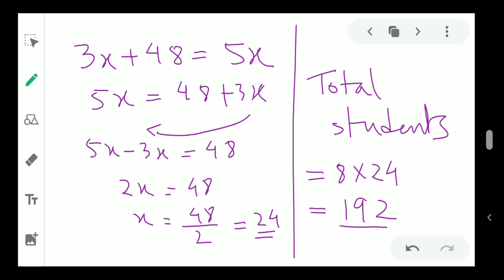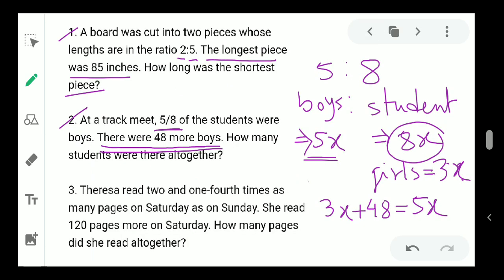Okay, so this is the question. Now see what I have done. I have taken this as a ratio, that is 5:8, and thought that x must be multiplied with them. So the number of boys is 5x, the number of students is 8x, and then I got the number of girls from it.